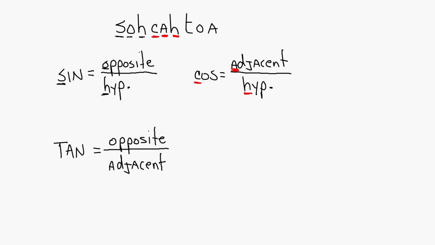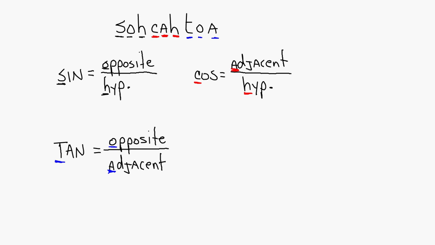So your TOA, your T, your O, and your A. Tangent equals opposite over adjacent. Any questions?